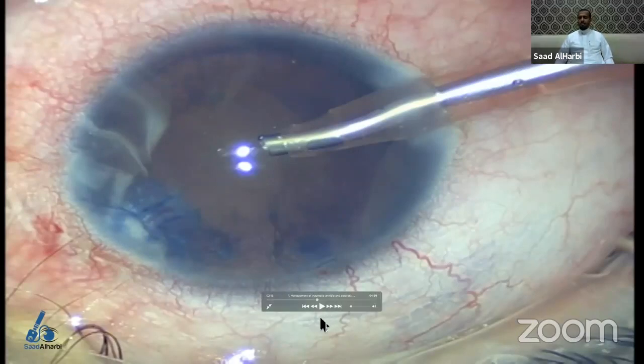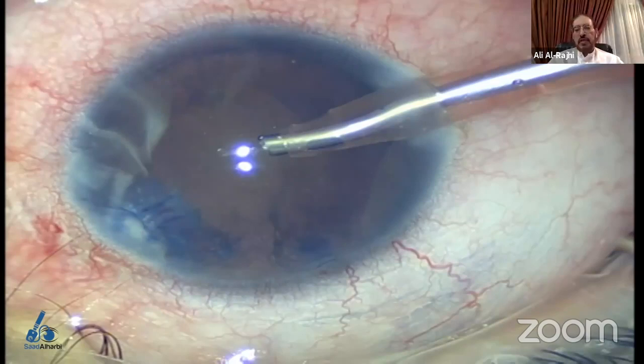Dr. Ali, how would you manage such an aniridia case? Before an aniridia, because the anterior capsule opening is at the periphery, and you don't know if the posterior capsule is intact or not, one way of doing it, as you mentioned, is popping the nucleus into the anterior chamber, anterior to the anterior capsule, and then phacoemulsifying it.